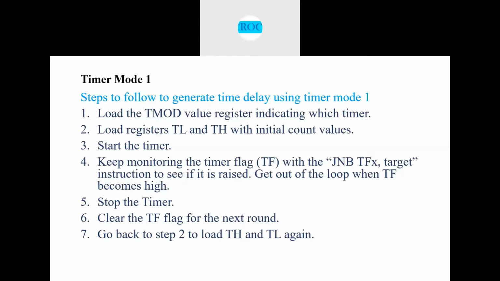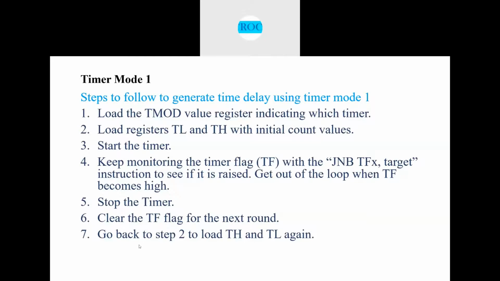When you start it, what will happen? The timer will be receiving the clock signals. As it receives the clock signals, it will keep on incrementing the count in the register, and whenever it reaches the maximum value, it resets and sets the overflow flag to 1. After that, you stop the timer using the clear instruction, and you also clear the overflow flag, so that for the next stage the TF flag is not set.